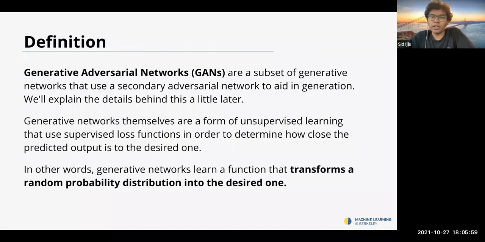They're a function that learns how to transform a random probability distribution they're given into the desired one. The idea is that you can represent any sort of data as some sort of probability distribution, and generative neural networks learn how to create that distribution from randomness. And so they learn the underlying structure behind the data.